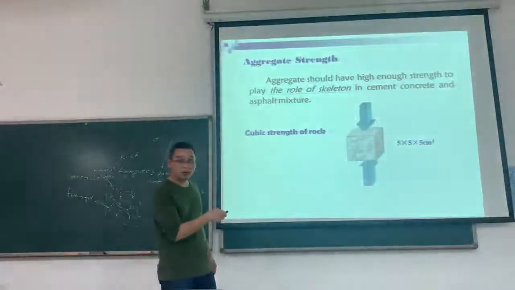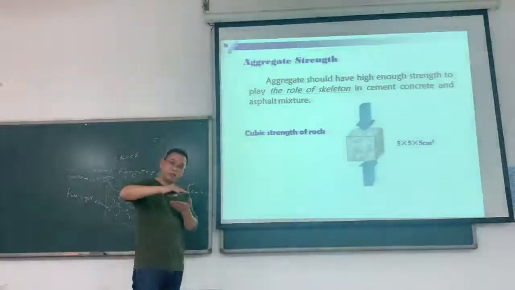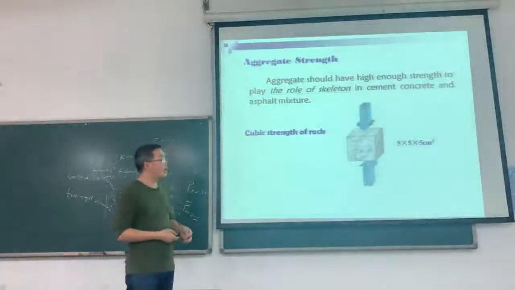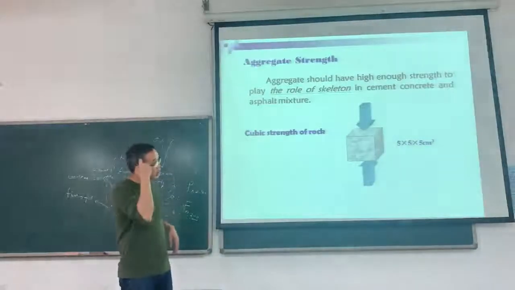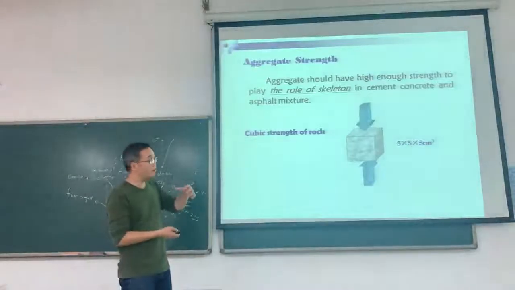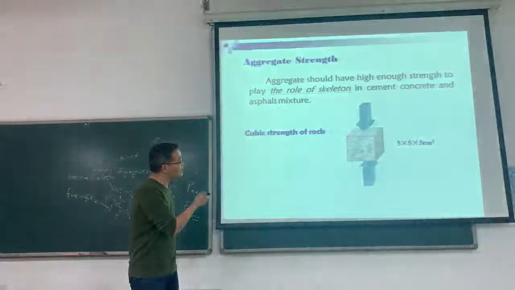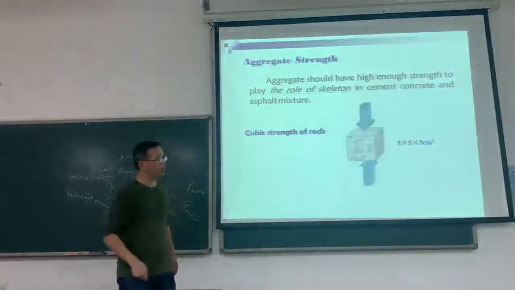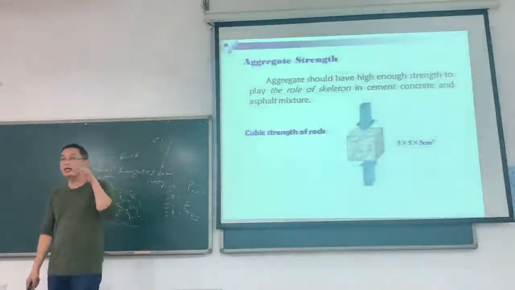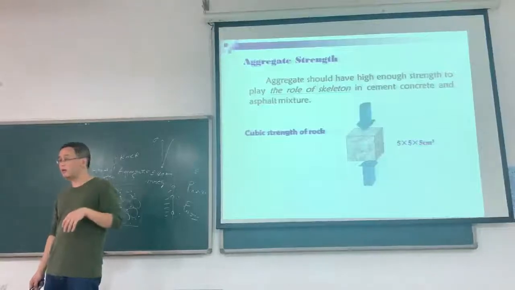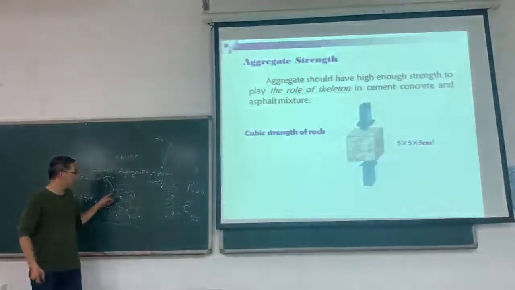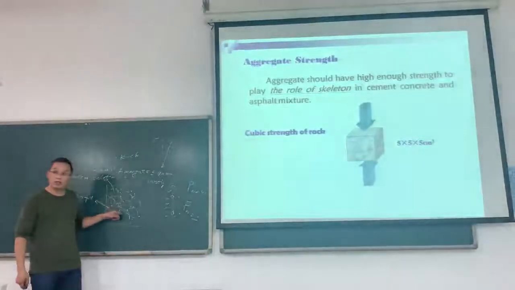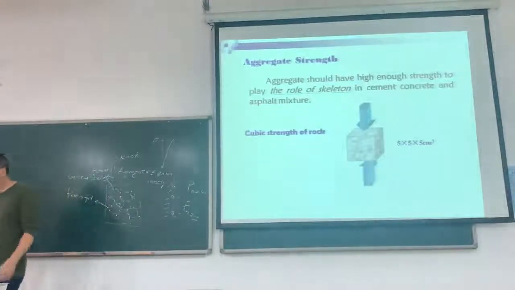We cut the aggregate into this size, and then we use the compressor machine to get the limited load of the rocks, and then we can get the strength of the aggregate. If the strength of the aggregate is high, the strength of the structure is also high.